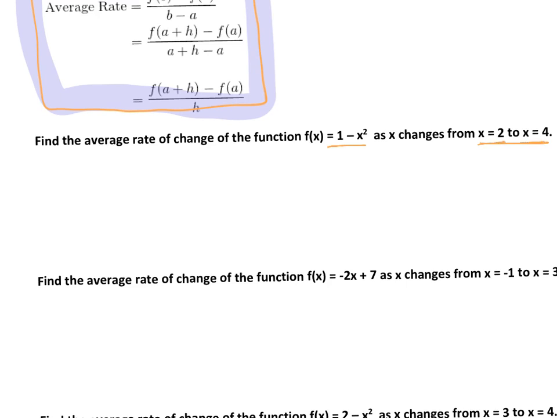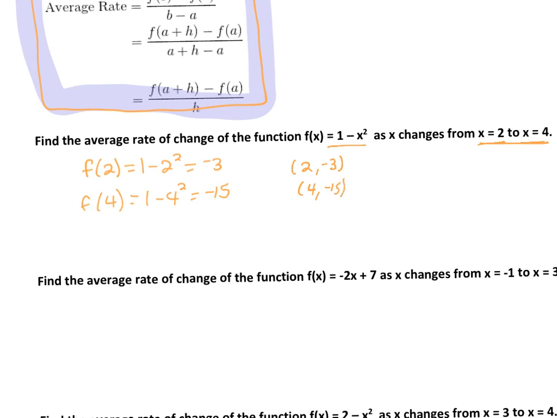If we plug in x equals 2 and find f of 2, we get 1 minus 2 squared, so we get negative 3. If we plug in 4 and find f of 4, we do 1 minus 4 squared and get negative 15. So we have the points 2, comma, negative 3, and 4, comma, negative 15.